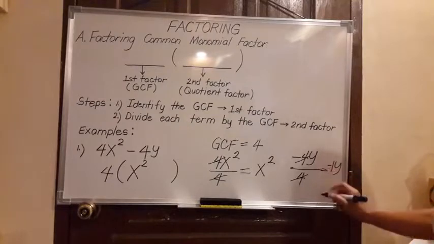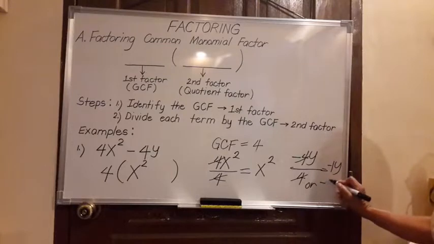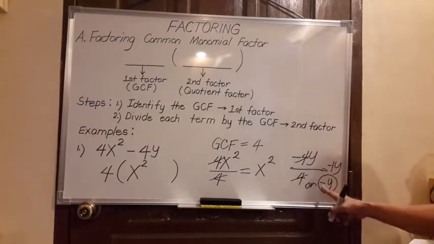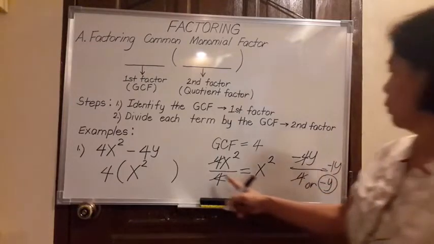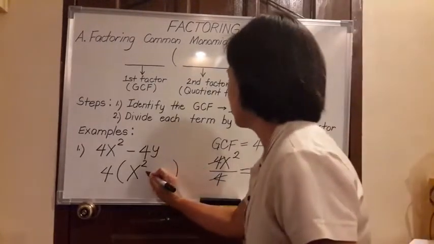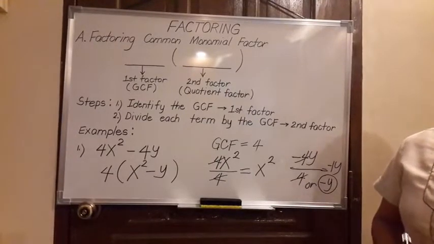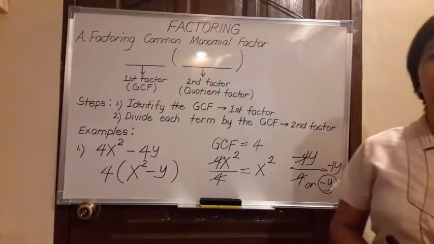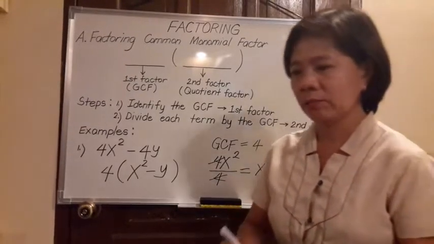Quotient is negative 1, or negative 1y, or negative y. You don't need to put negative 1. It should be negative y. 1 should be invisible. So, the second term in the second factor should be negative y. So, the factor of 4x squared minus 4y is 4 times the quantity x squared minus y. Okay, let's move to the second example.